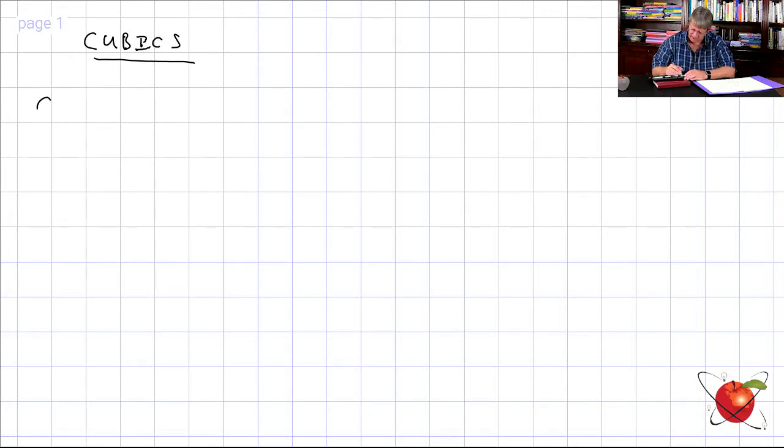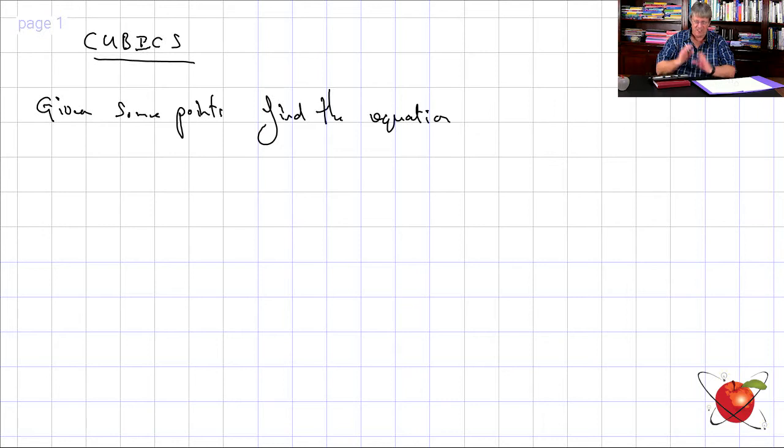I'm going to say, given some points, find the equation. So if I give you some points, we have to find the equation from those given points. It's essentially just doing it backwards, that's all.